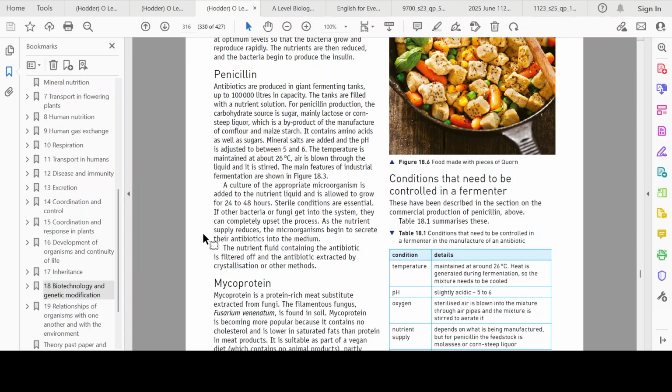Can you please repeat that question again? The textbook is telling us that the microorganism secretes the antibiotic, in this case penicillin, when the nutrient level is low. So the question is, why are we adding all these nutrients in the beginning?